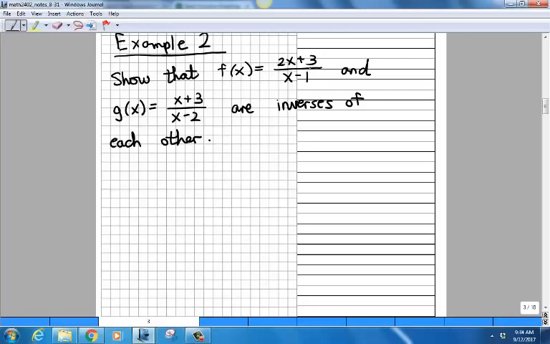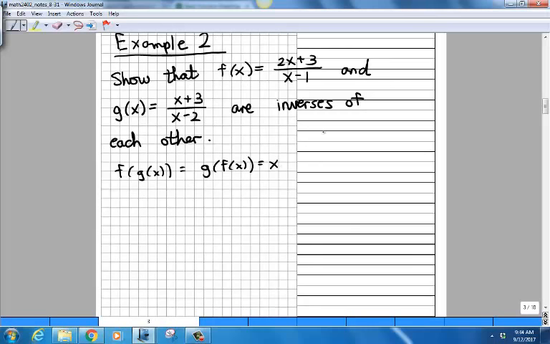So I want you to actually compose the two functions. Calculate f of g of x, or you can calculate g of f of x. And what are you supposed to come out with? X. If you come up with X, then you know they're inverses of one another.